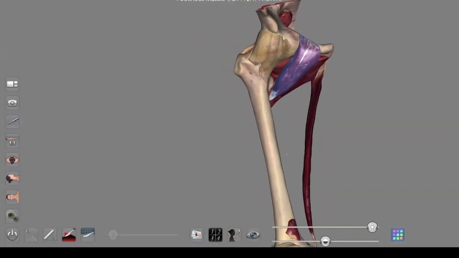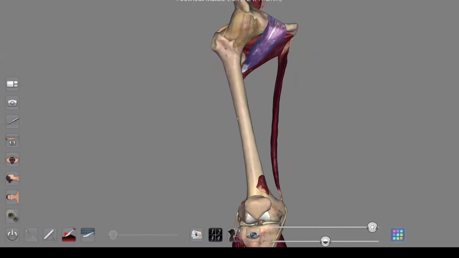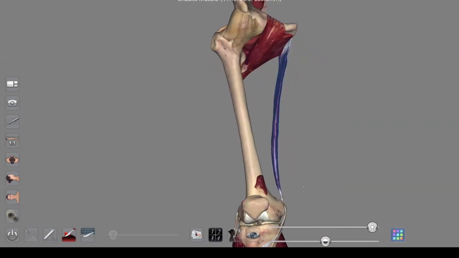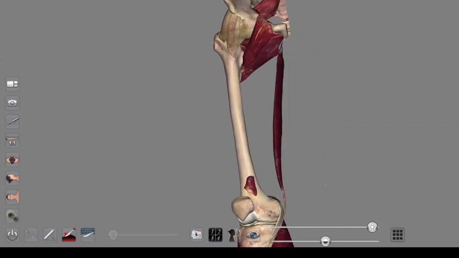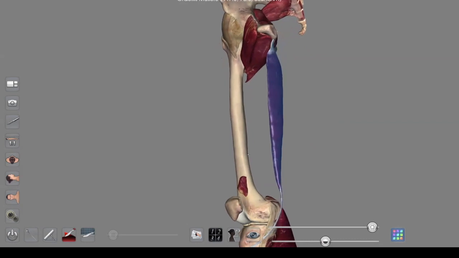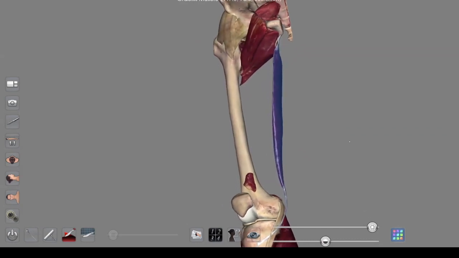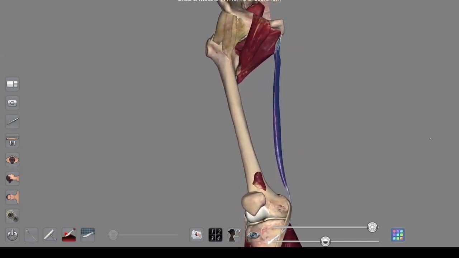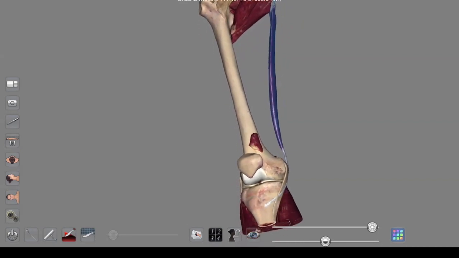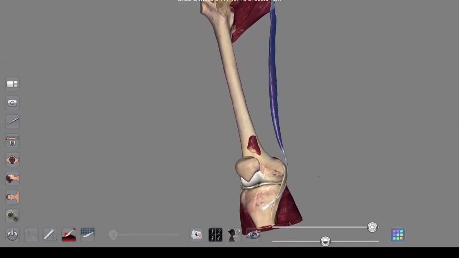Lastly, within the adductor group, we will talk about the gracilis muscle, seen here. The gracilis muscle originates on the body and inferior ramus of the pubis and inserts on the superior aspect of the medial surface of the tibia, which is also known as the pes anserine.